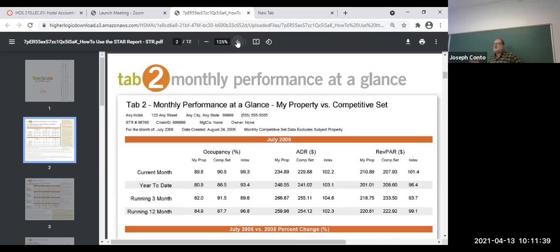But everybody else's is just listed as Hotel 1, Hotel 2, Hotel 3, Hotel 4, Hotel 5. They gather information from all the hotels and then they make it anonymous and send it back to everybody. So everybody knows their own information. You can kind of guess the others, but you're never sure. But you know where you are in comparison to everybody else without knowing exactly who they are.